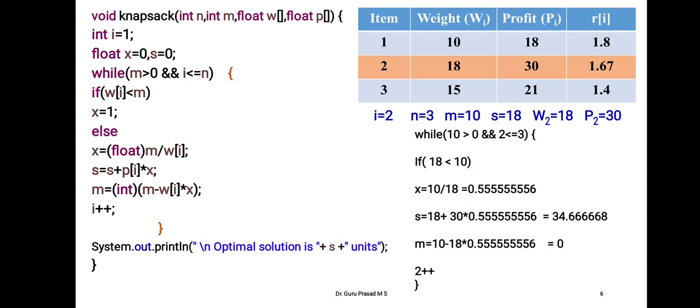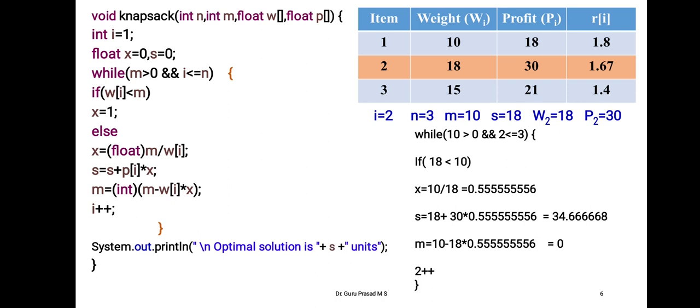While m value 10 greater than 0 true and I less than or equal to n, 2 less than or equal to 3 true. Both conditions are true, so control comes inside the while loop. Inside the while loop, there is an if statement. If w of 2 less than 10, w2 is 18, 18 less than 10 false, so control goes to the else part.